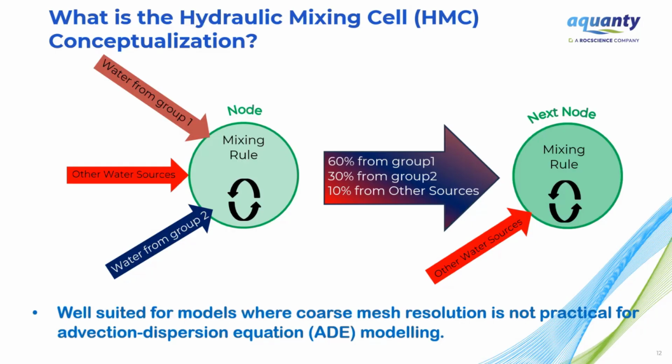So, if people are familiar with HydroGeoSphere, it's made up of hundreds of thousands to millions of computational nodes. It's discretized in space. And what the HMC methodology does is basically track contributions from different water sources at each node in the model.